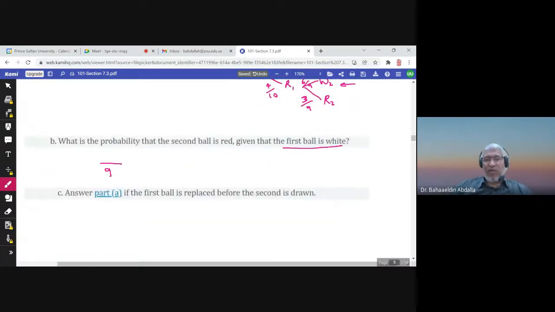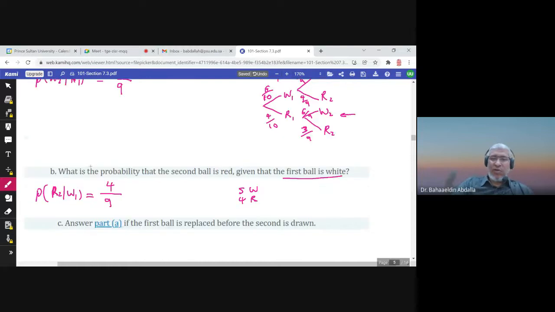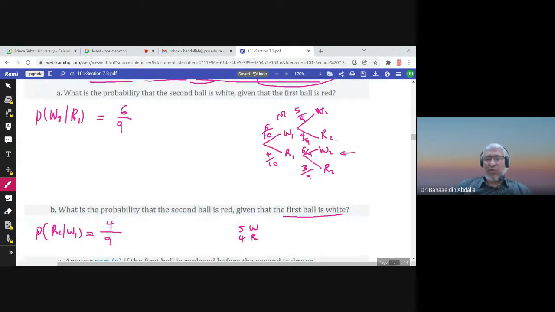Now we have only 5 whites left and 4 red. So what is the probability that the second ball is red? 4 over 9. So this is the probability that the second ball is red, given that the first one is white. And you will find it also from the tree diagram: R2 given W1 is 4 over 9.